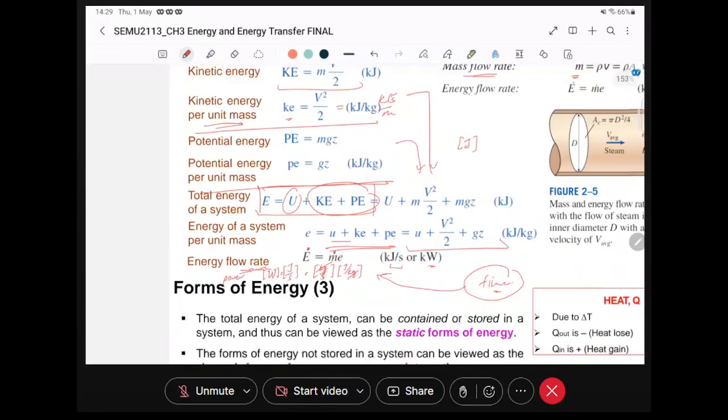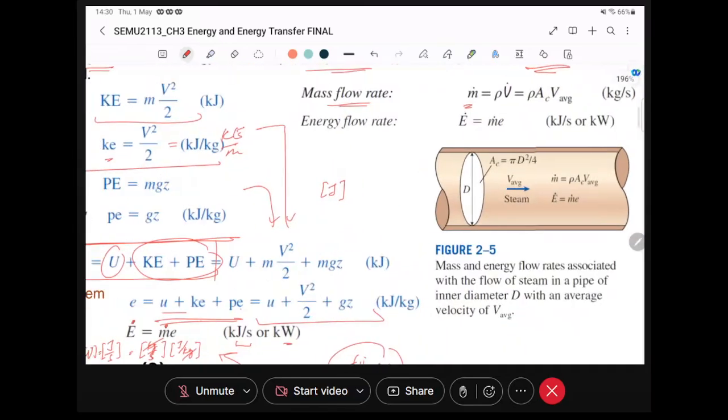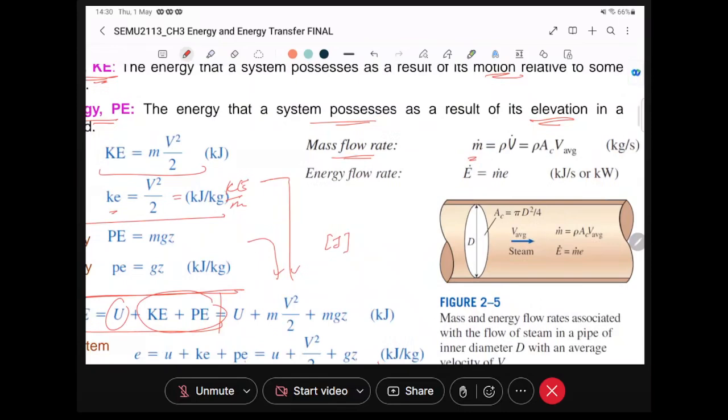And the way we calculate mass flow rate basically means how fast a volume of mass is changing in the system.